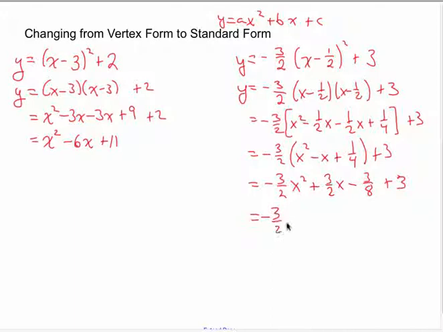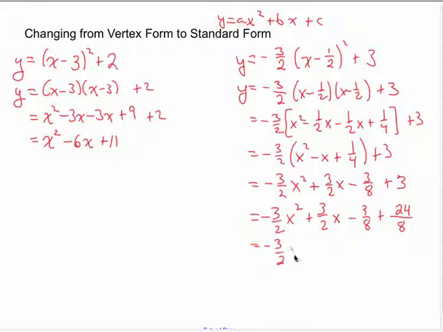So negative 3/2 x squared plus 3/2 x minus 3/8 plus, now I'm going to rewrite 3 in terms of eighths, and then it gives me 24/8. So 24 divided by 8 is 3.